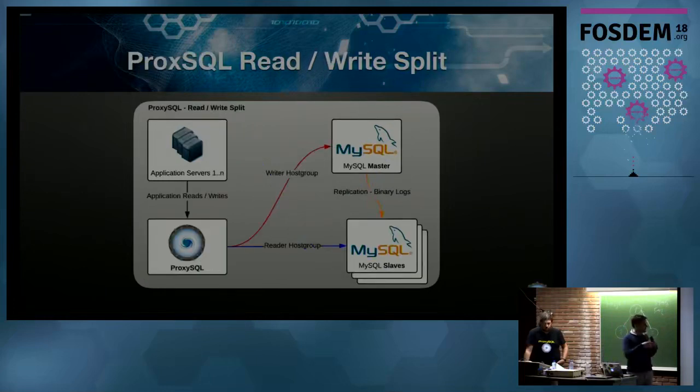With ProxySQL's read-write split, we overcome the problem of maintaining separate connections to masters and slaves because we have the concept of reader and writer host groups. So the application can just blindly send all requests, reads and writes, to ProxySQL. ProxySQL will route the writes to the master and the reads to the slaves, depending on the configuration that we set up in the query rules.